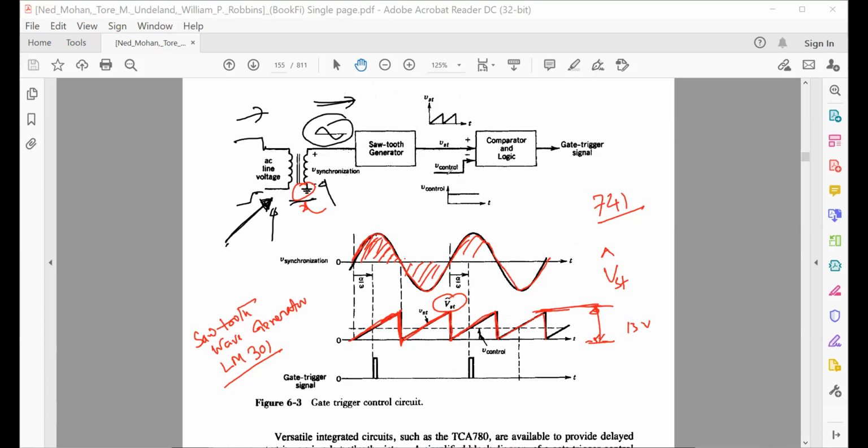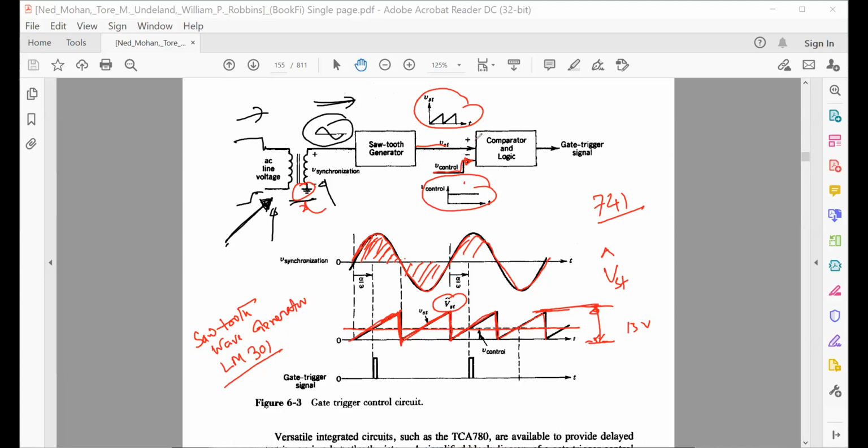Now you have a control. If you have the sawtooth output from here, then you must have a control voltage. That control voltage could be a DC or anything depending upon the application. So here they are using the DC. So this DC voltage is the control voltage. So you will compare. Do you know the comparator circuit? Have we studied the comparator circuit? Yes, sir.